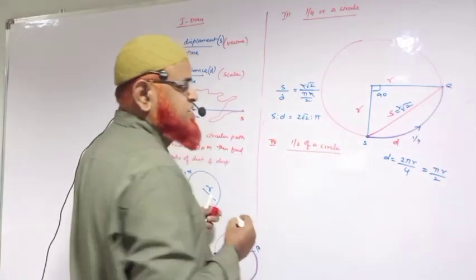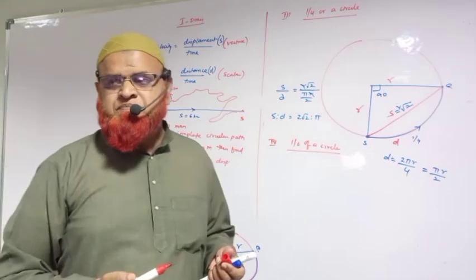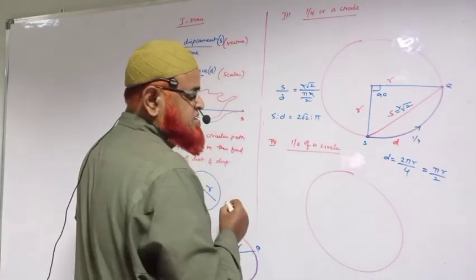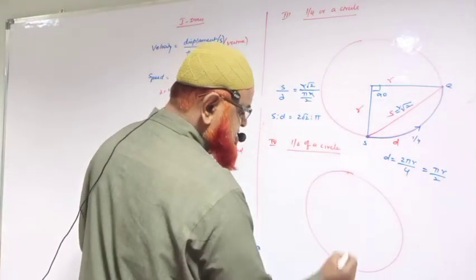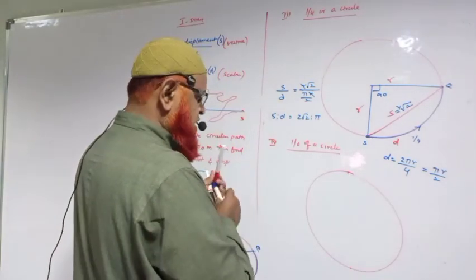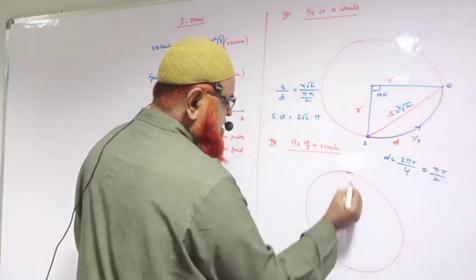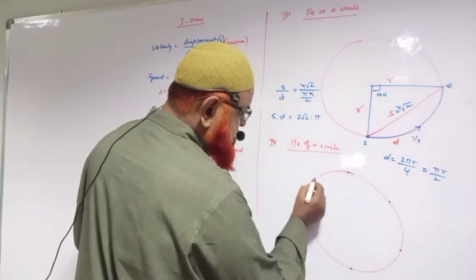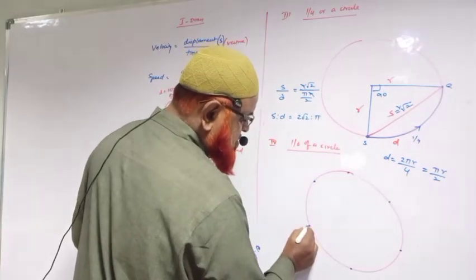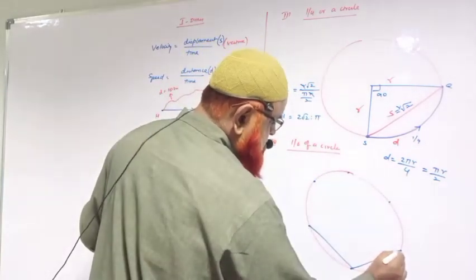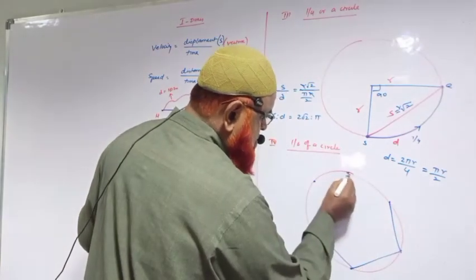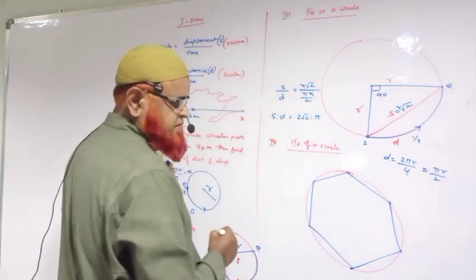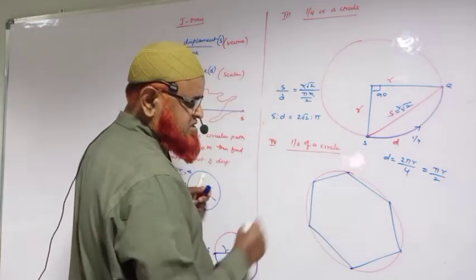If it is 1/6 of a circle, then what happens? You know that this is a complete circle here. Let us divide this circle into some points here, okay? I am converting this circle into a hexagon here, so that you will get a clear picture of what I am going to discuss here. This is a hexagon having equal sides.